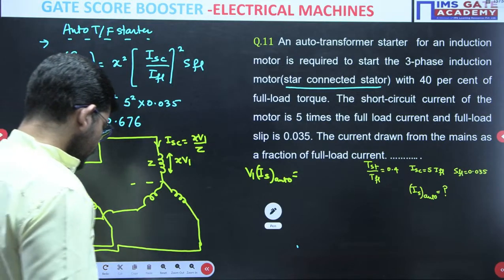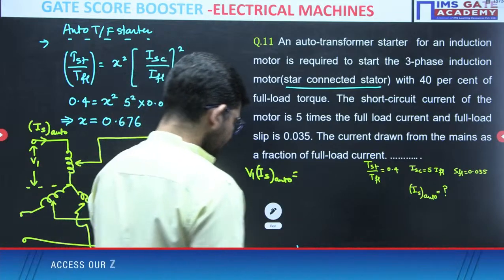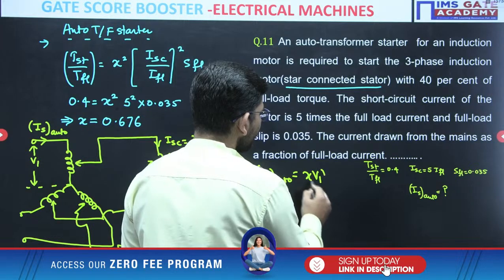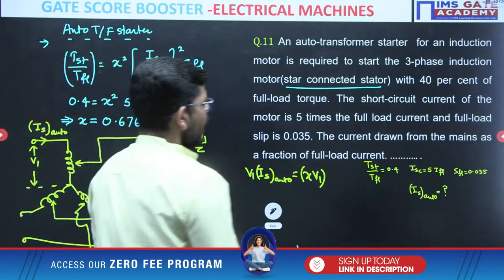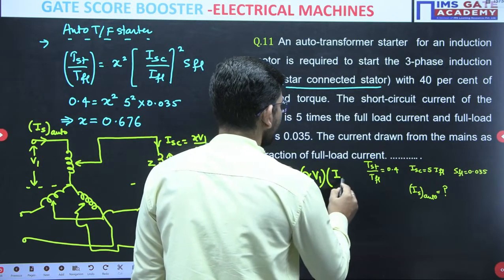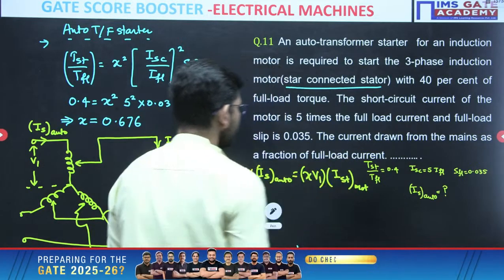Now, so what will be the KVA on this side? Okay, so KVA on this side will be what voltage we are getting for the motor, what voltage it is receiving? X V1, okay. And what is the current? Starting current. Let me write starting current of motor, okay.